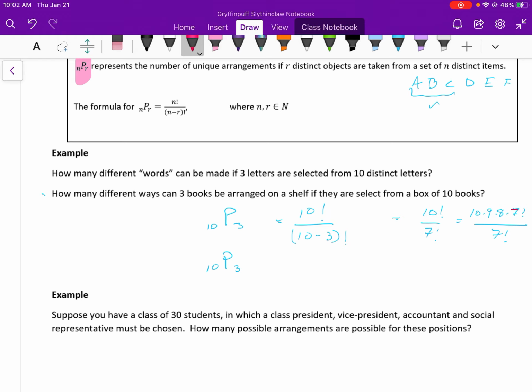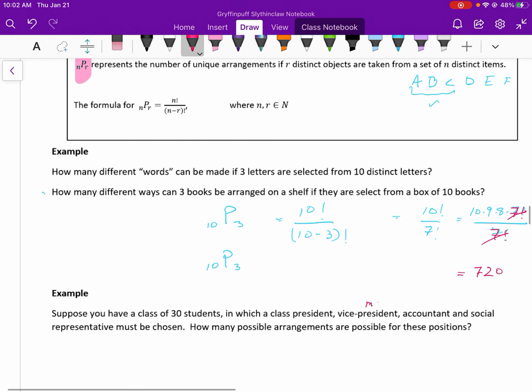And then we reach this golden 7 factorial, and we're able to cross out those common factors, and what we're able to see, I believe, is 720.